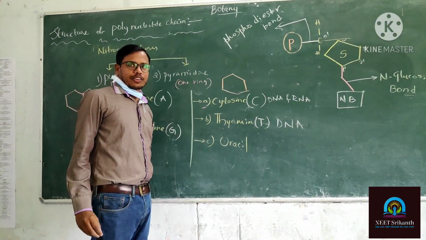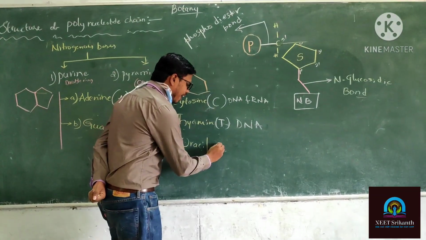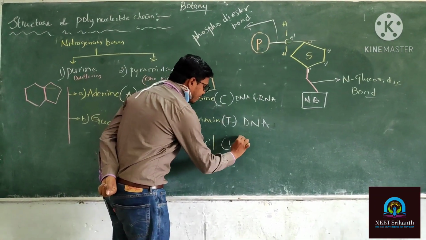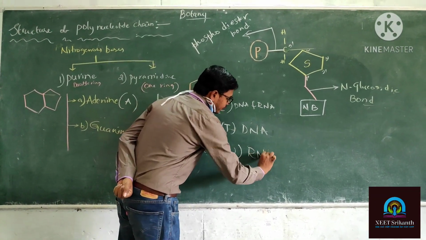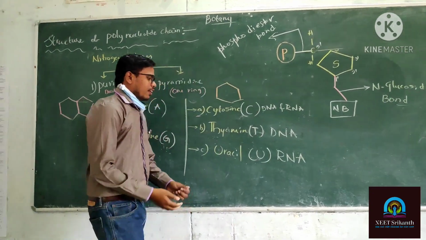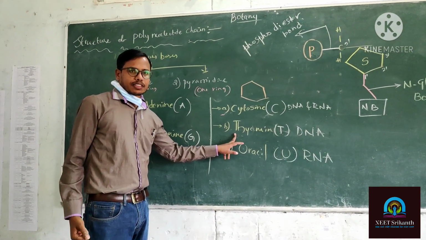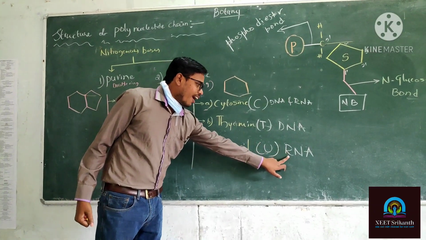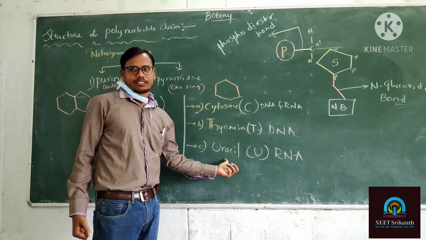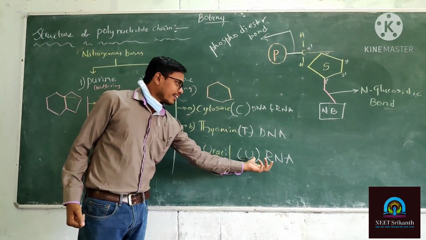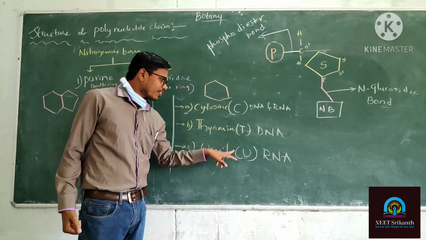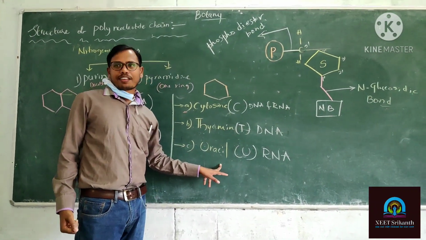And uracil you can observe in RNA. Uracil is present in the RNA instead of thymine. The RNA does not have thymine. Instead of thymine, they have uracil.